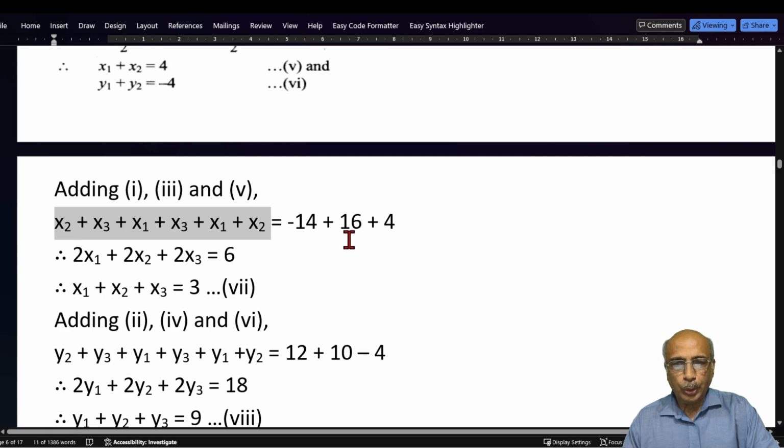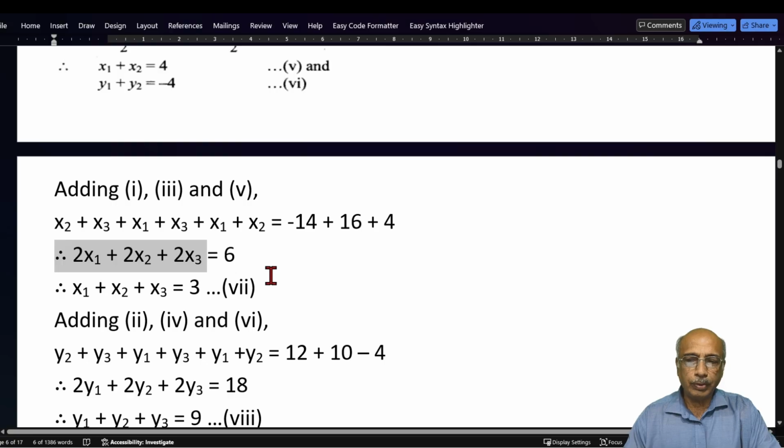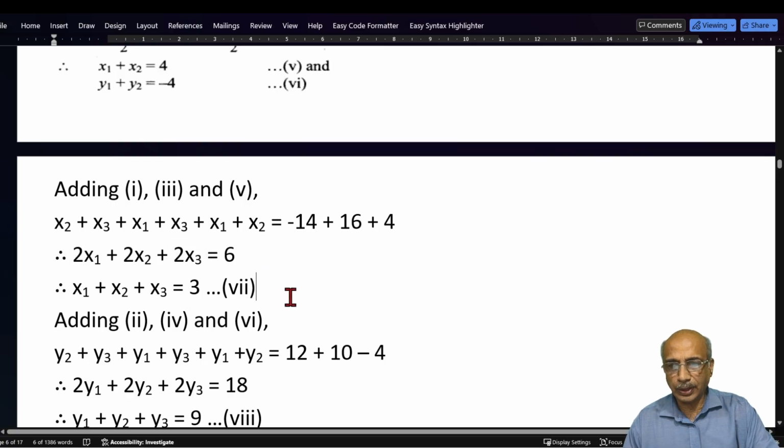So indirectly 20 minus 14 is 6, and here 2x1 + 2x2 + 2x3. Dividing each term by 2, we will get x1 + x2 + x3 = 3. Equation number 7.